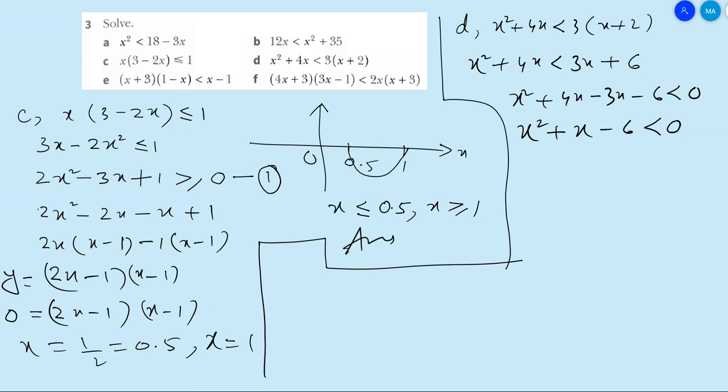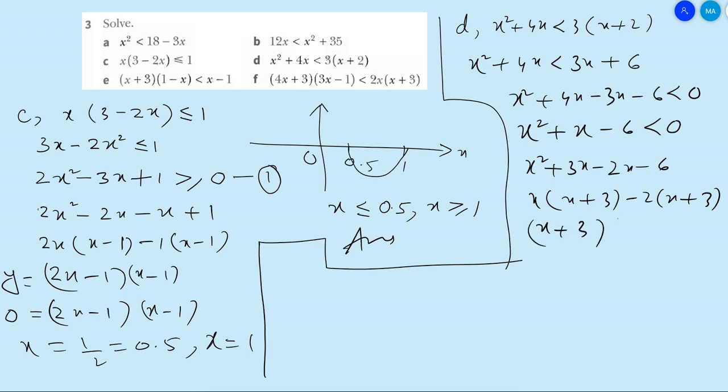Taking now factorization, 3 and 2 multiply to 6 and differ by 1. x square plus 3x minus 2x minus 6. x is common, x plus 3, minus 2 is common, x plus 3. So x plus 3 and x minus 2.